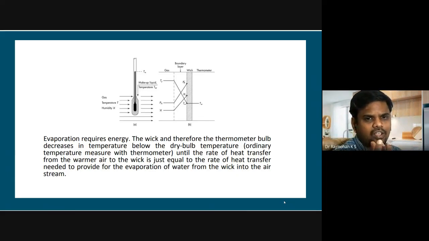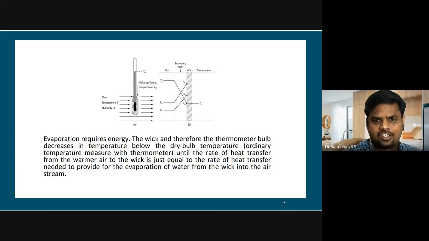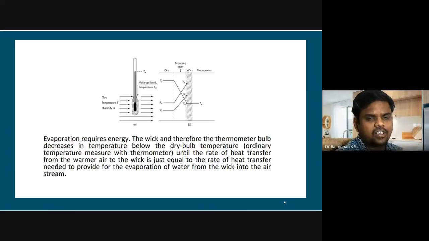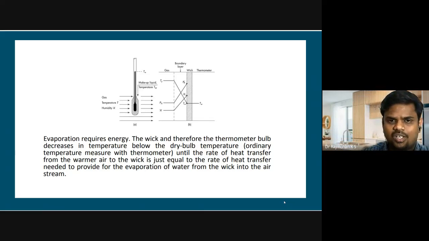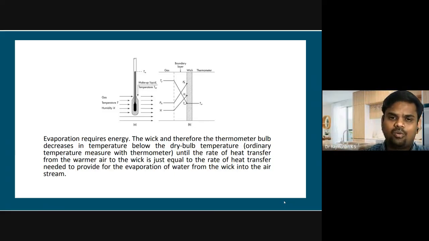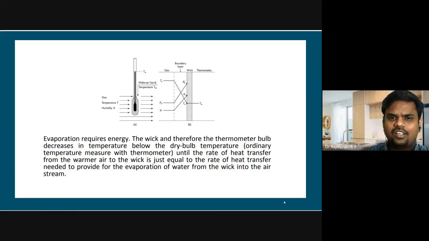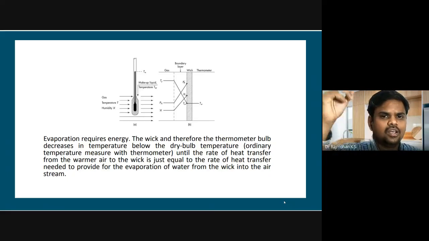What if we connect a wet wick, a small wet cloth saturated with water? Whatever the temperature at which the air comes in contact with the moisture, it will try to evaporate the water. When it is in equilibrium, the remaining temperature is reflected in the thermometer, right?